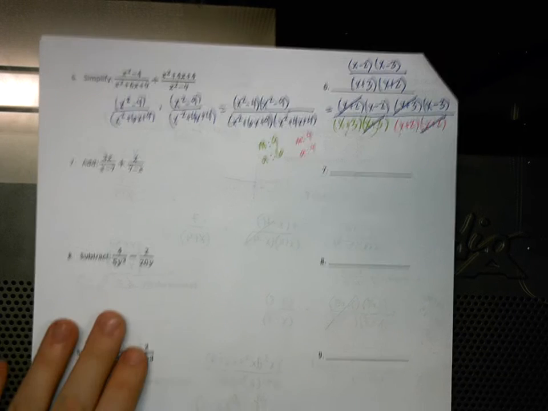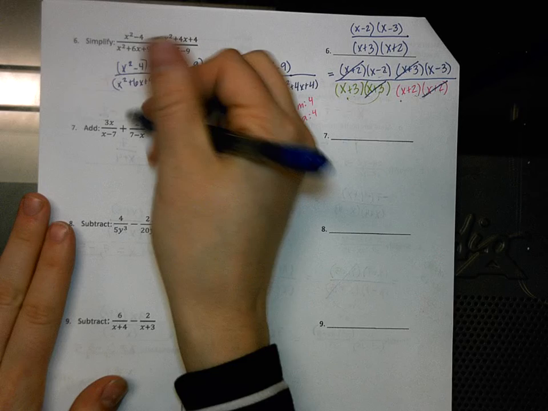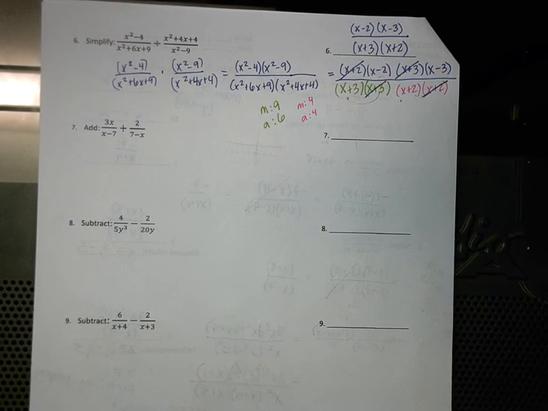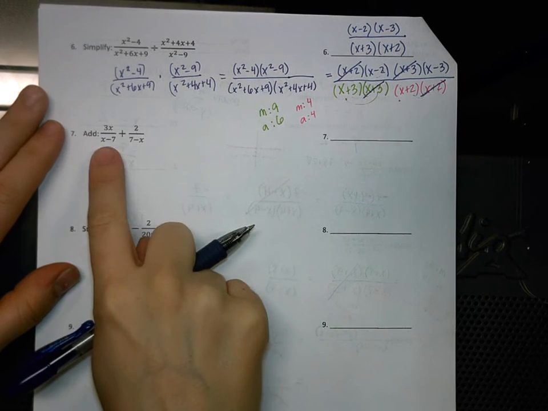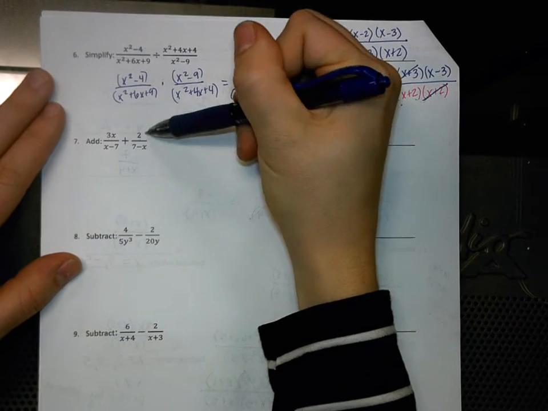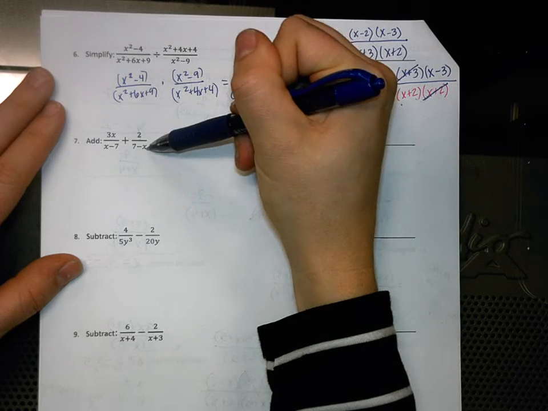Number 7. Adding and subtracting. So the rest of this page is adding and subtracting. How do you add and subtract fractions? Common denominator. Are these denominators the same? No. What can I multiply this fraction by so that my denominator would match the other one?